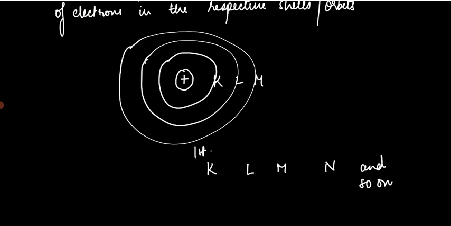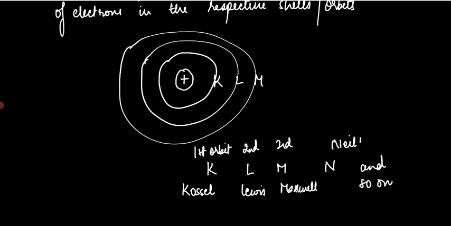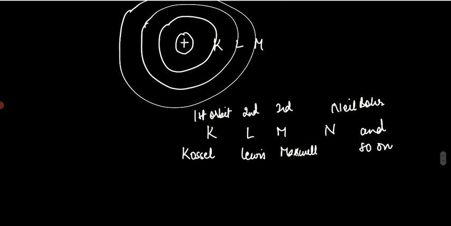So K is the first orbit, K shell, and this is given by the scientist named Kossel. L stands for Lewis, M for Maxwell, and N stands for Niels Bohr. After that, whatever shell names we introduce, these are the more famous four, KLMN scientist names. Then after that, the orbit number, the fourth, like that works.